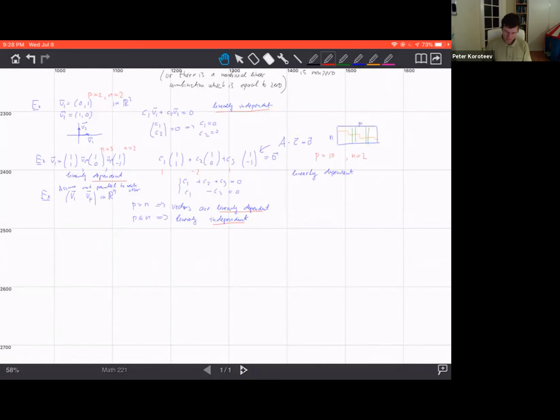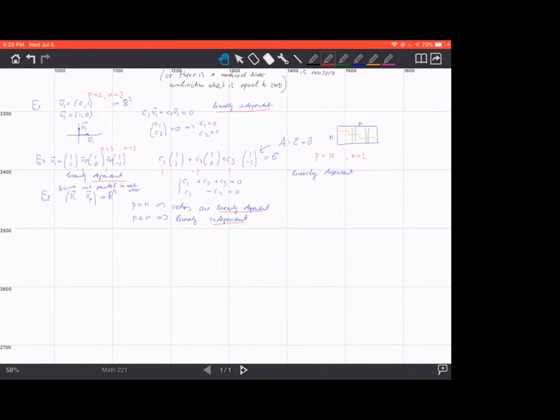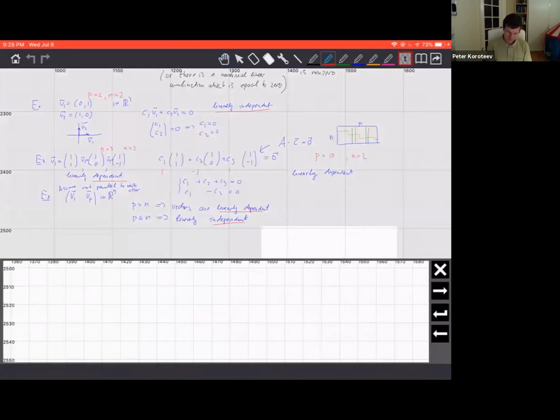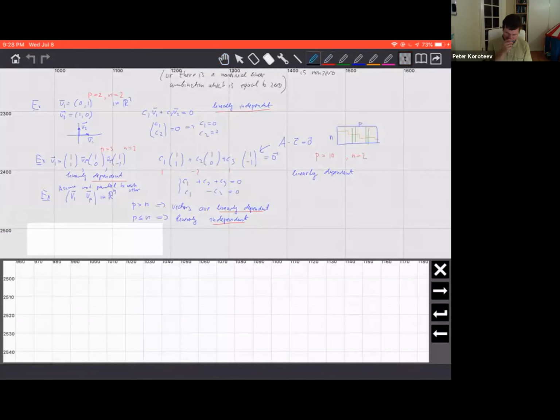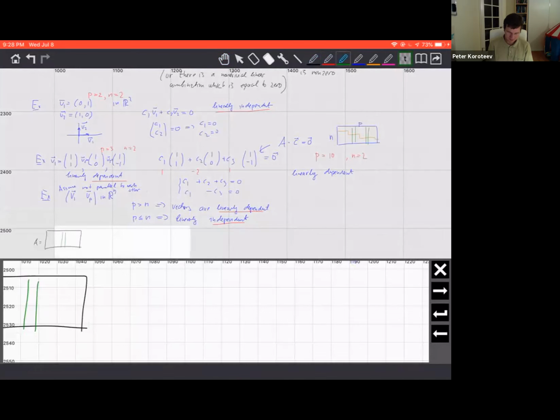So we can reformulate the result that we already know in this language. If you have a matrix A which has column vectors, A is a matrix with column vectors A1, A2, and so on, Am.